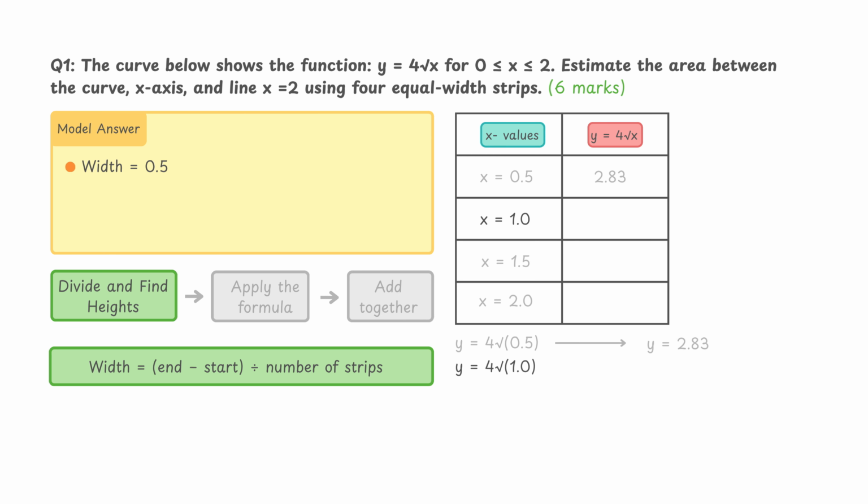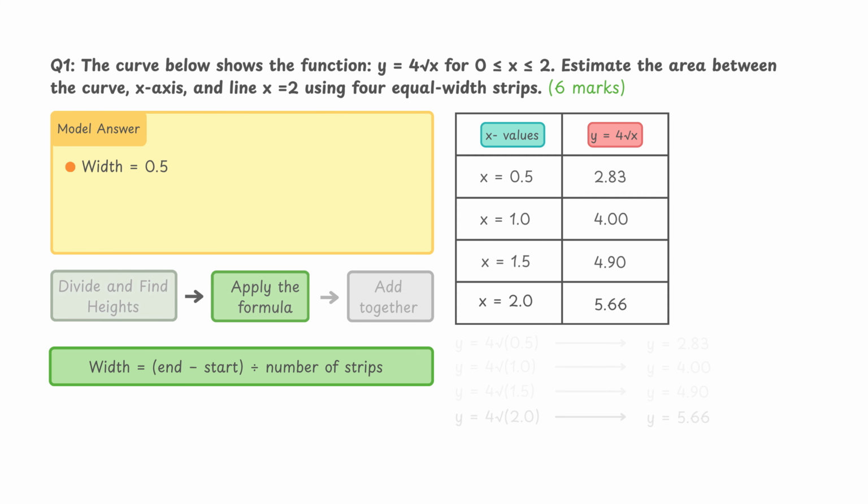When x equals 1.0, y equals 4 multiplied by the square root of 1, which gives 4.00. When x equals 1.5, y equals 4 multiplied by the square root of 1.5, which gives approximately 4.90. And finally, when x equals 2.0, y equals 4 multiplied by the square root of 2, which gives approximately 5.66. So now we have all the heights we need.